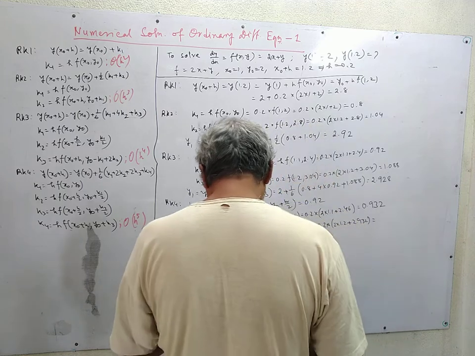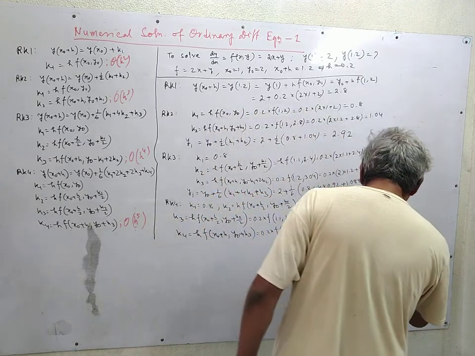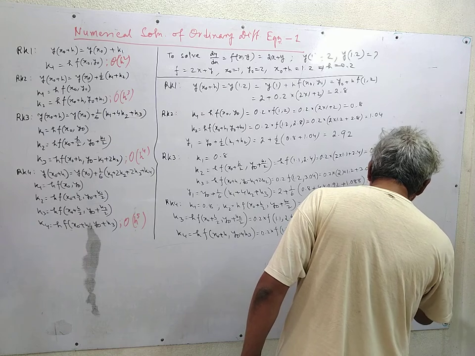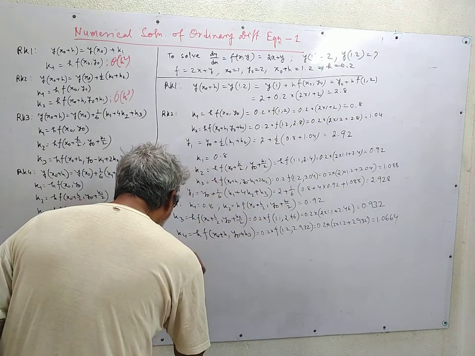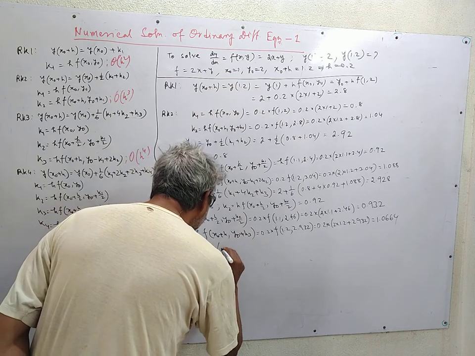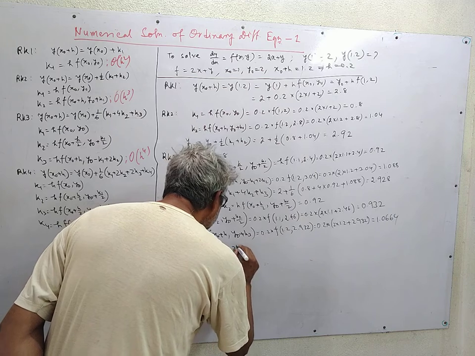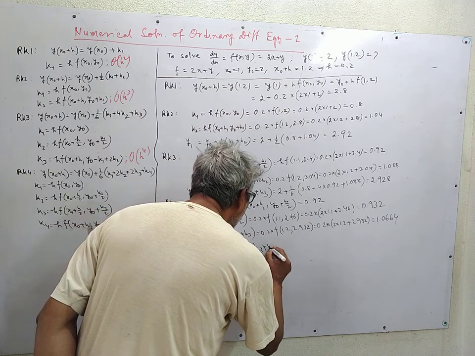So the final result for K4 is 1.0664, and y1 is equal to y0 plus 1 upon 6 of K1 plus 2K2 plus 2K3 plus K4 as per our RK4 method.